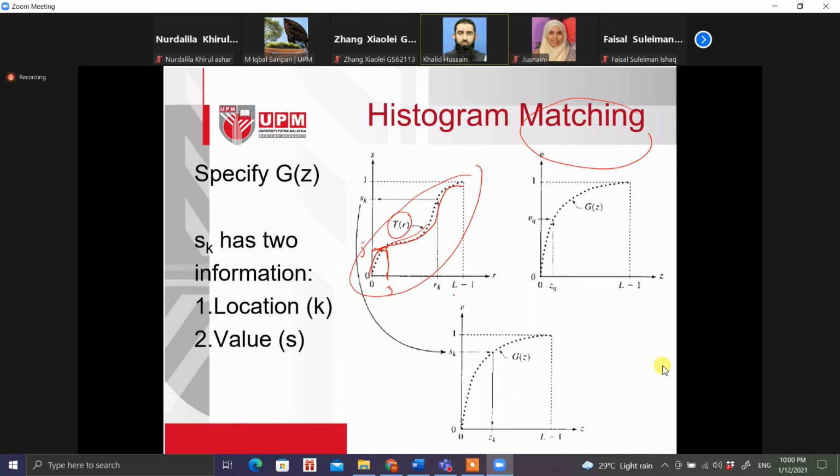But what function is the best? That really depends on your problem. If your problem is that the image is too dark, then you need to increase the darker region, so maybe your function would be something like this. Or if the image is too bright, then maybe it is something like this.